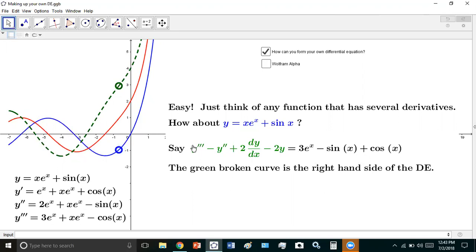So now, typically, you are not given this particular original equation here. You're only given this equation here, and you're asked to find y, which is, in fact, this particular equation here. So there are many ways to solve differential equations, and you can solve them using series and many other methods.